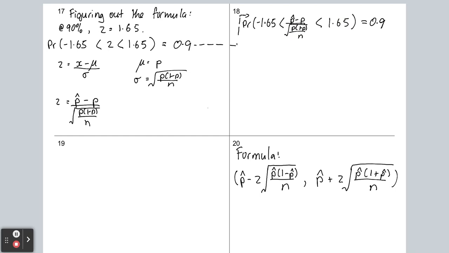I can do that and keep the inequalities facing in this direction because the square root of this value is going to be positive. So what do I do if I multiply through by the denominator?